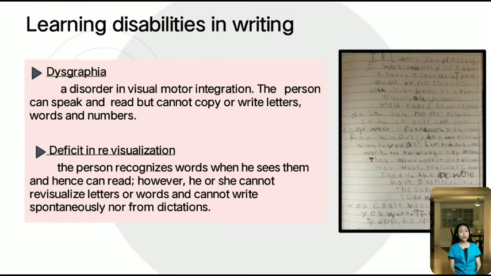The person can speak and read but cannot copy or write letters, words, and numbers. Second is a deficit in revisualization. The person recognizes words when he sees them and hence can read. However, he or she cannot revisualize letters or words and cannot write spontaneously nor from dictation.